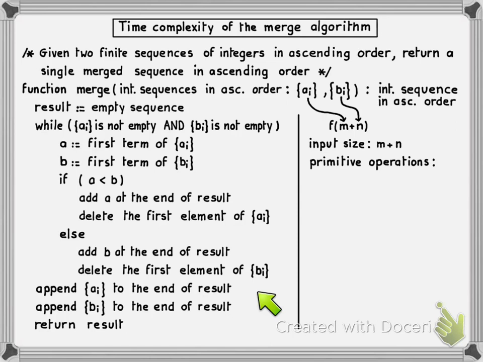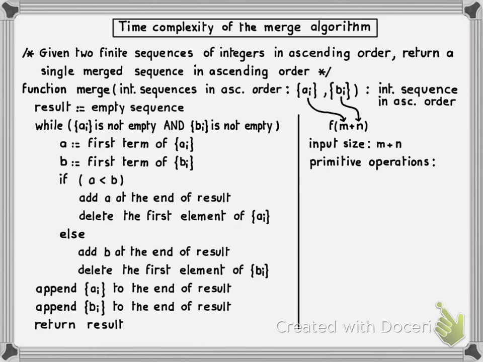And then appending two sequences is constant time because all you have to do is to manipulate the pointers of the last element in the first sequence and the pointers of the first element in the second sequence to stitch them together. That's definitely constant time.